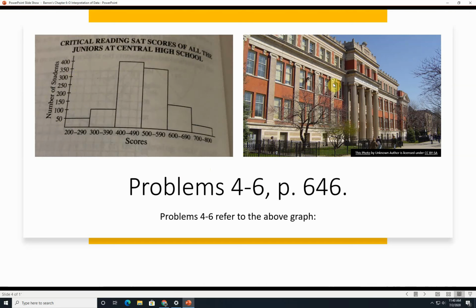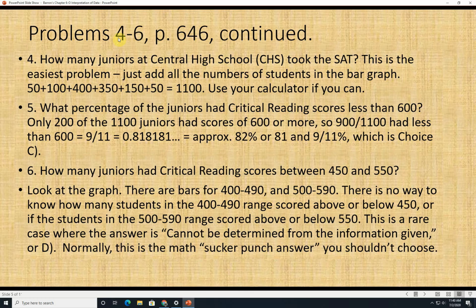And here's a picture of a high school that I just got out of the copyright-free, Creative Commons license here. So that looks like a pretty classy high school, probably built around the turn of the last century, so the early 1900s. All right, so problem 4 through 6, page 646, continued.